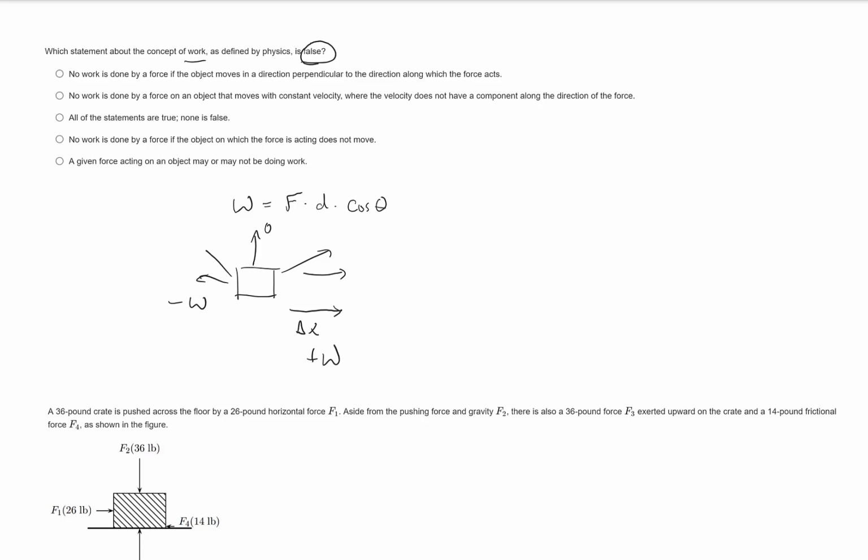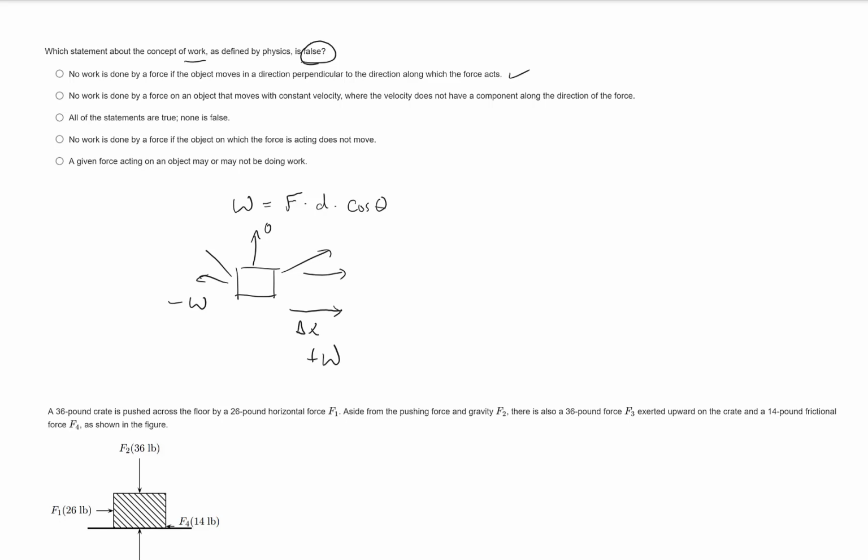So let's go through. No work is done by a force if the object moves perpendicular to the direction along with the force. So if it moves perpendicular, there's no work. That's true. No work is done by a force on an object that moves with constant velocity, where the velocity does not have a component along the direction of the force.